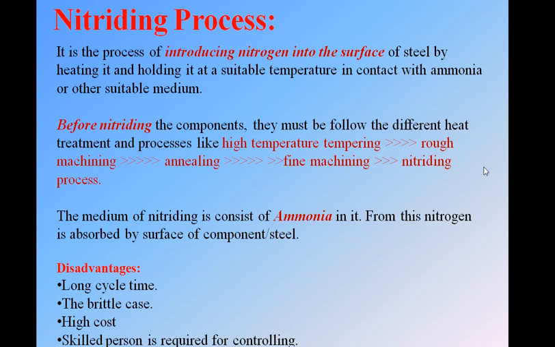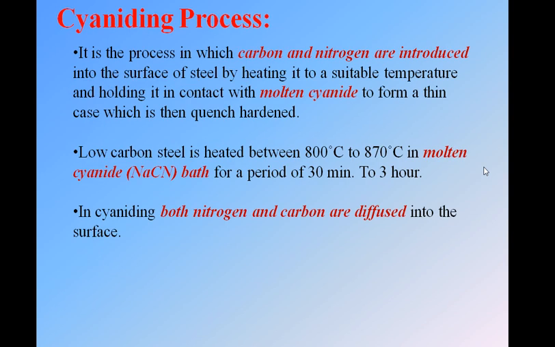Okay, next, the cyaniding process. As we know, carburizing means addition of carbon, nitriding means addition of nitrogen. Cyaniding is the process in which carbon and nitrogen are both introduced on the surface of the material.